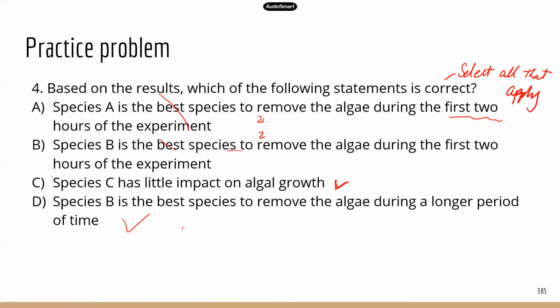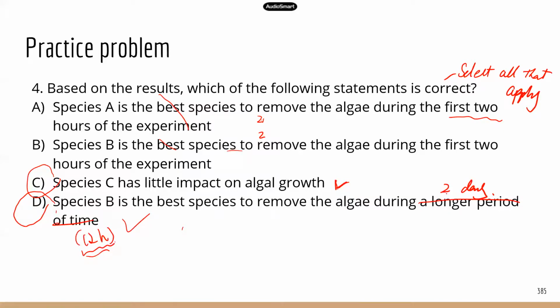Species C has little impact, and species B is the best species to remove the algae during a longer period of time. So we're talking about 12 hours. That's all we can infer from this study, right? If, let's say, I change this to a 2-day period, would D still be the correct answer?